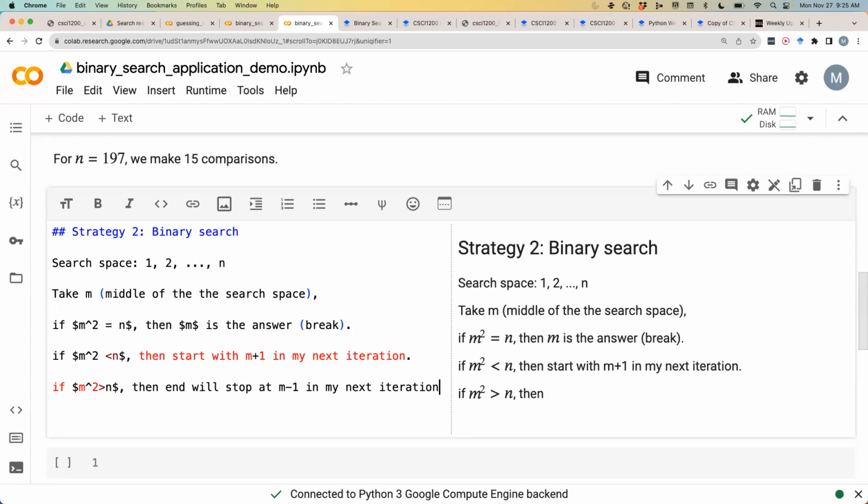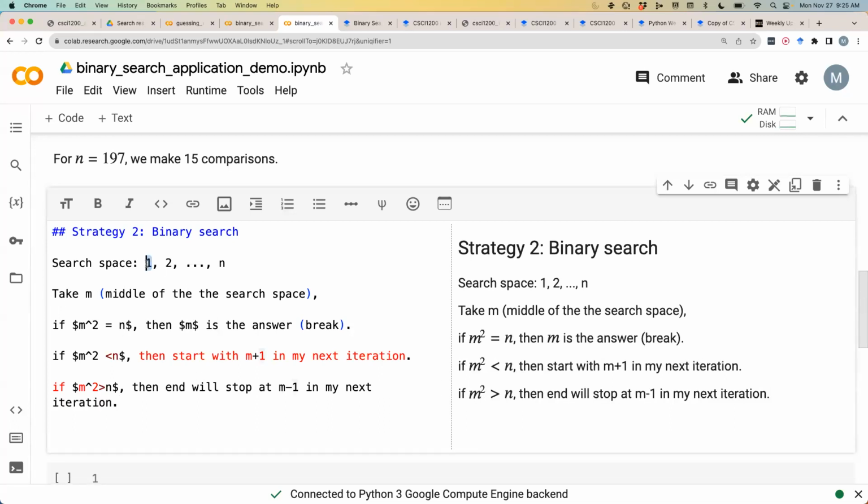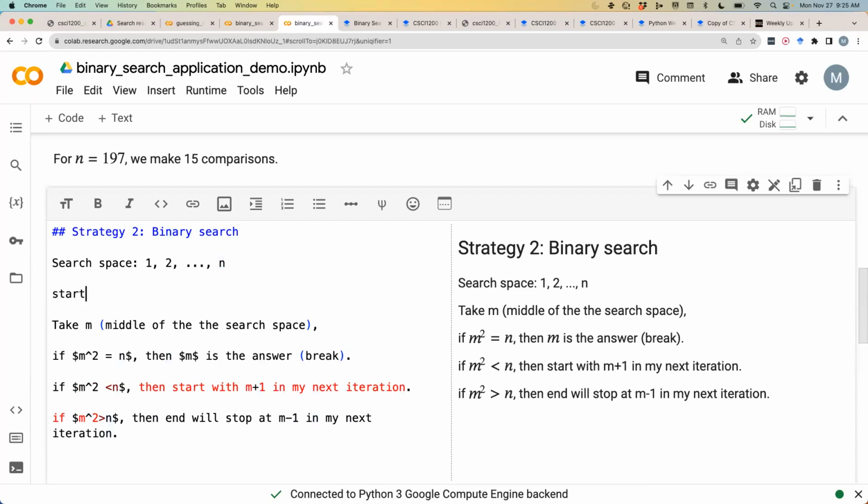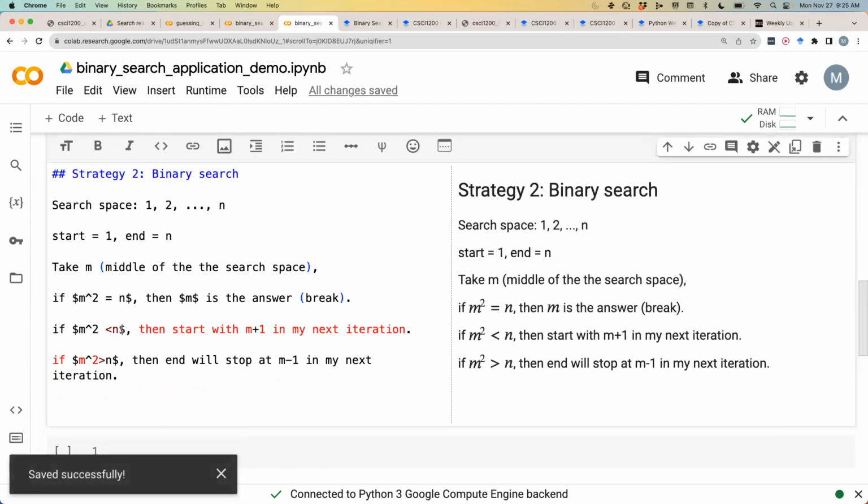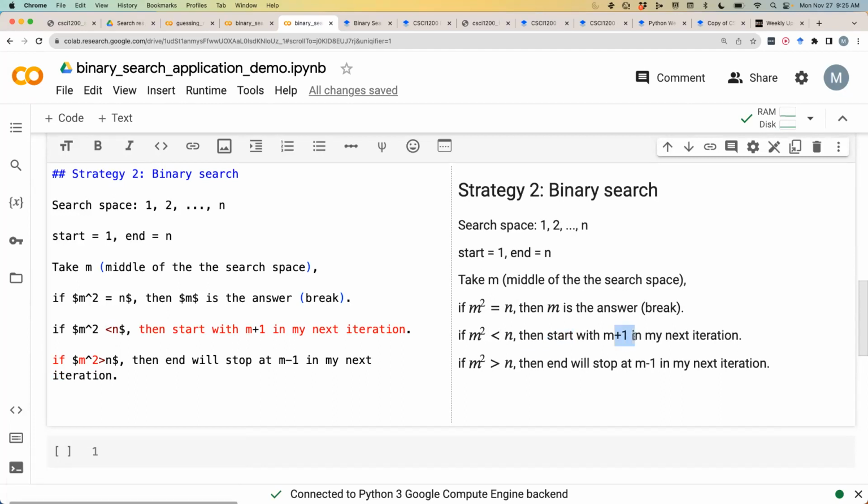So where's the start and end here? This is my start, the beginning of the search space. This is my end of the search space. So start is equal to 1 and end is equal to N. Now I'm saying that if it's less than N, I can start with M plus 1 in my next iteration, because anything less than that is not important anymore.